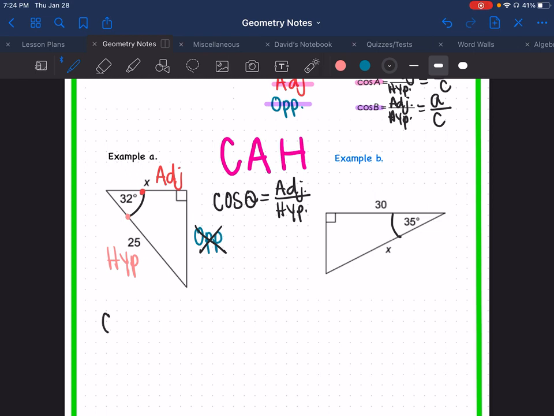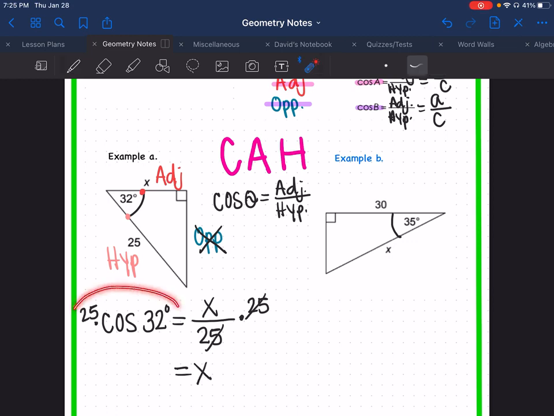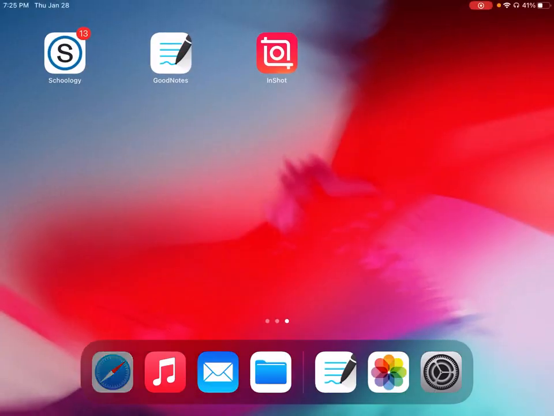Now we can put this into the formula. So cosine of 32 degrees, because remember theta is always the degree, equals the adjacent x over the hypotenuse 25. Just like before, we're going to multiply by whatever's in the bottom of our fraction because that's going to eliminate it. And notice that my x is alone, so I'm going to put this in my calculator. 25 times cosine 32.